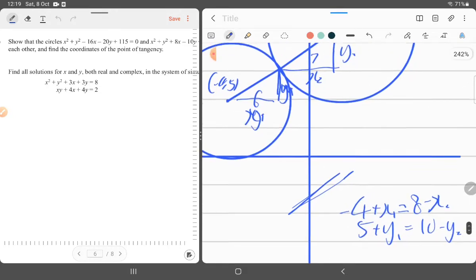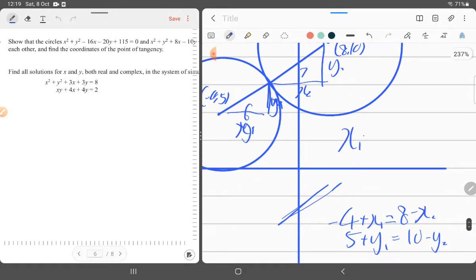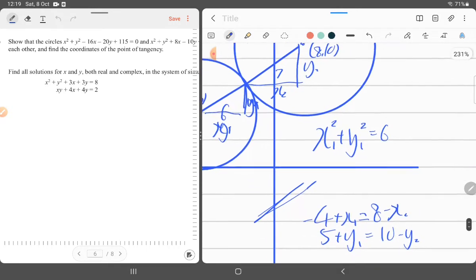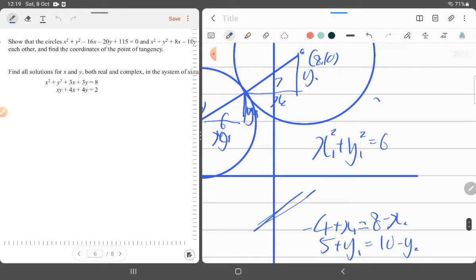Then x1 squared plus y1 squared is equal to 36. x2 squared plus y2 squared is equal to 49.